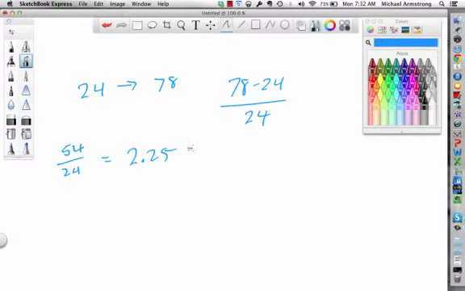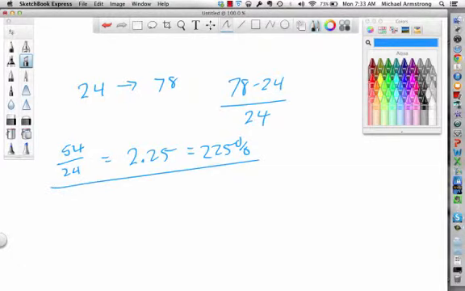So we have 2.25, which is 225%. So increasing from 24 to 78 is increasing 225%. That's a lot.